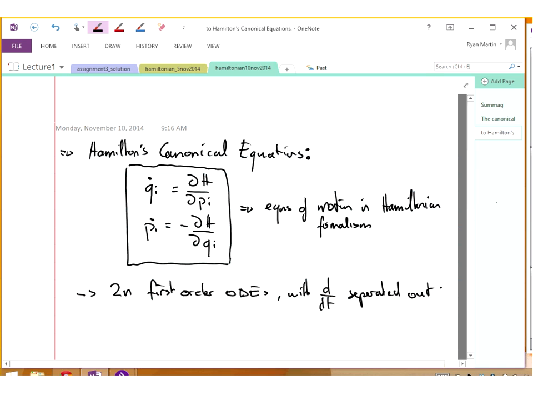That was really the key contribution from Hamilton, to figure out that this alternative description gives you equations of motion that are mathematically considerably simplified. So these are called Hamilton's canonical equations.